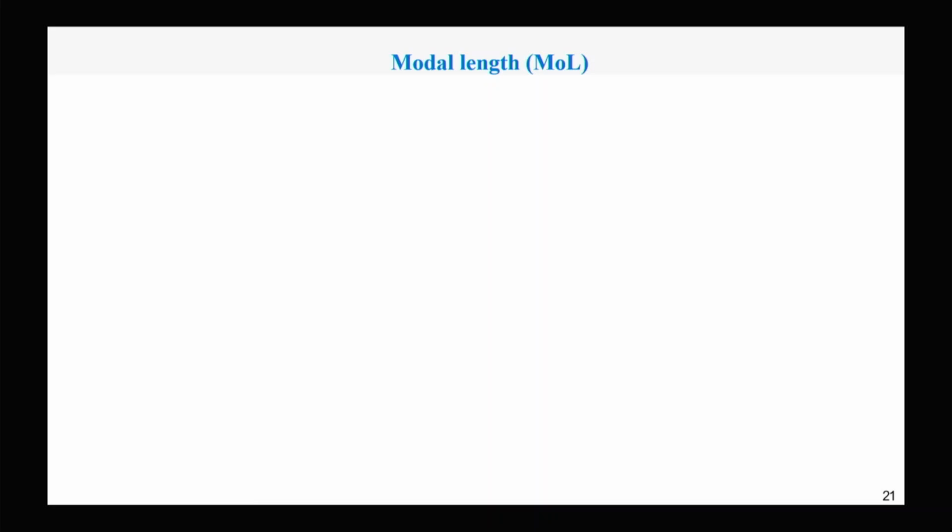Next parameter here is the modal length. The term modal length came from the term mode. Mode in statistics means the particular element with higher frequency.